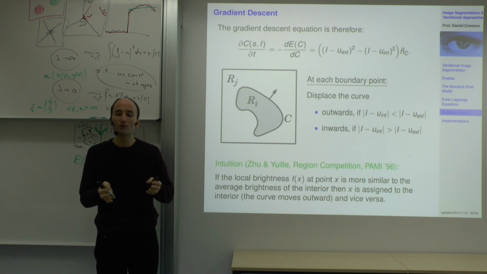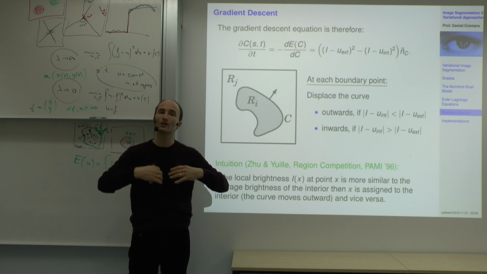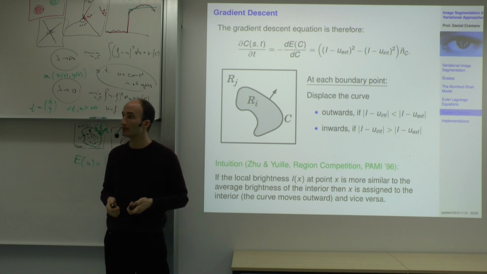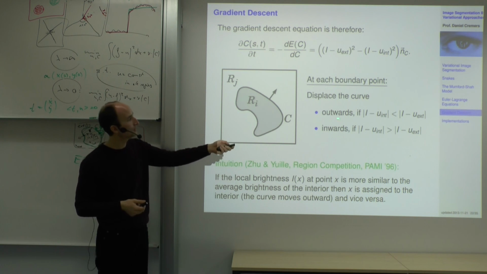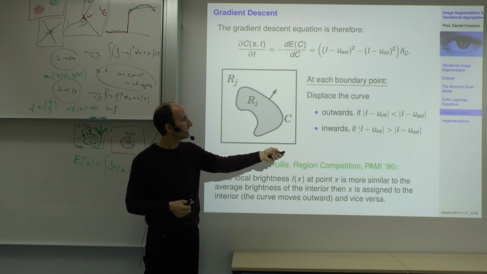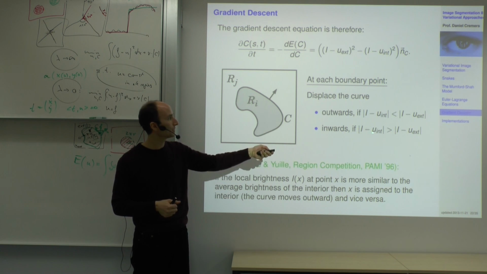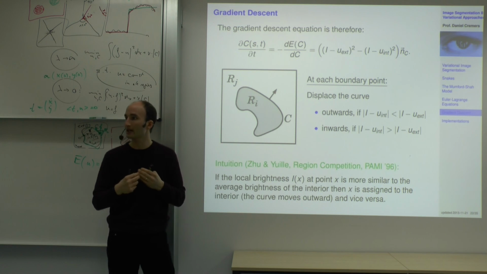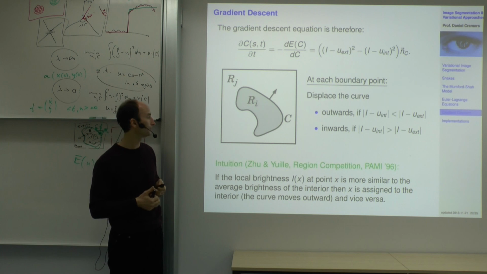And so the curve moves exactly to take that into account. It collects all the points that are more similar to one region than the competing region. And similarly you have an inward motion in the opposite case. If the brightness is closer to the exterior, so this one is smaller than this one, then the curve should move in, basically saying the point should be attributed to the exterior region.